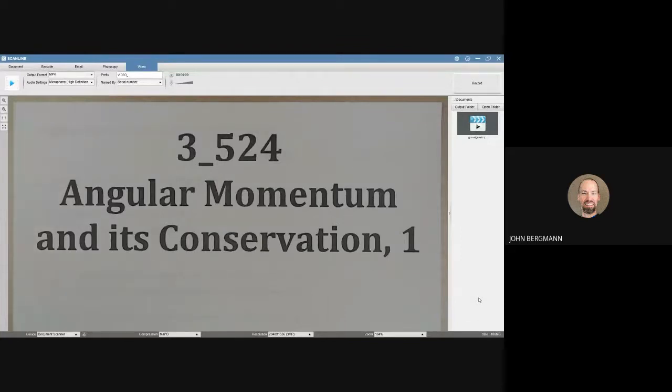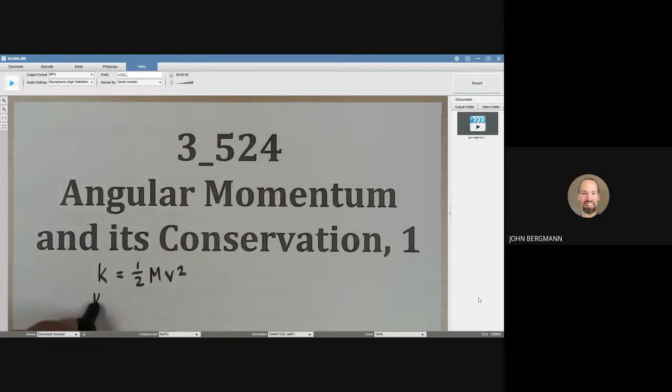This is our first video on angular momentum and its conservation. Before we start, let's just review briefly the many connections that exist between translational mechanics and angular mechanics. For example, translational kinetic energy, we know, has this equation, 1/2 mv squared.